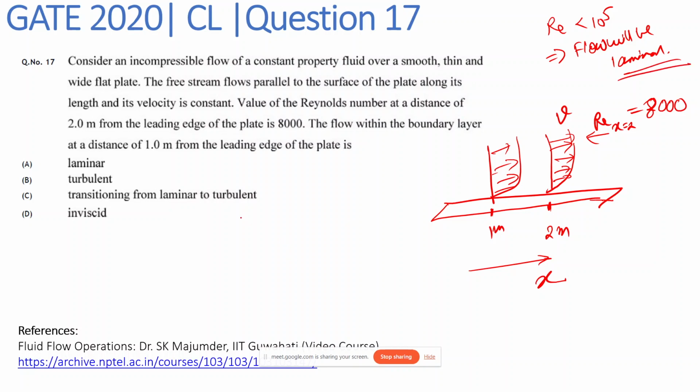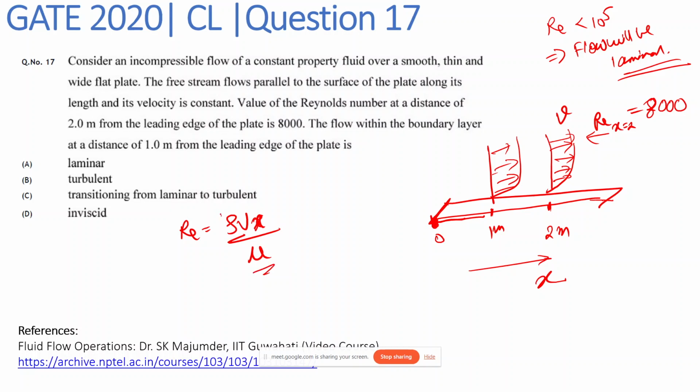Now, Reynolds number for flow over the flat plate we can write as rho v x upon mu. So rho is the density of the fluid, v is the average velocity of the fluid, and x is the distance from the leading edge of the plate. If this is the starting point of the plate, then the distance from this starting point, the origin, we call x, and this point is known as the leading edge of the plate, and mu is the viscosity.